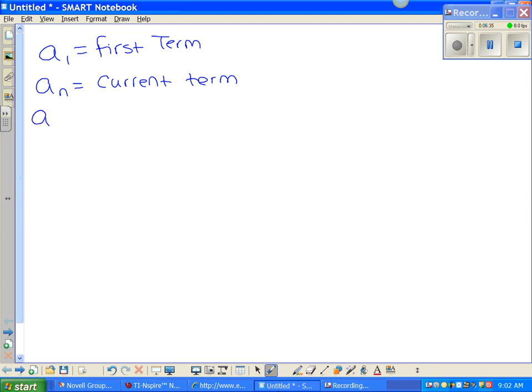What would a sub n minus 1 be? If n is my current term, let's say my current number is 4, then n minus 1 is 3. How are 4 and 3 related? 3 is the previous term.